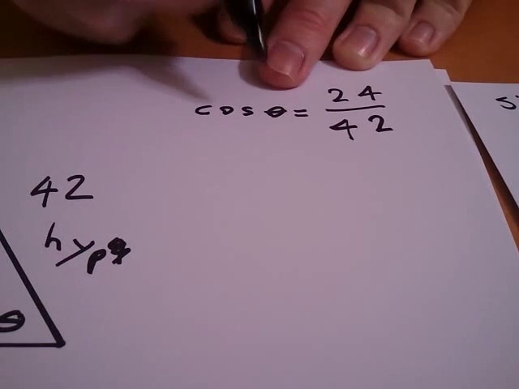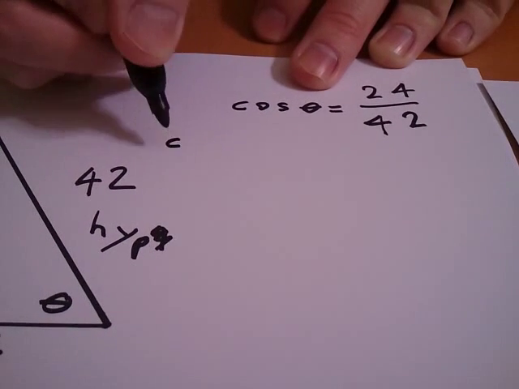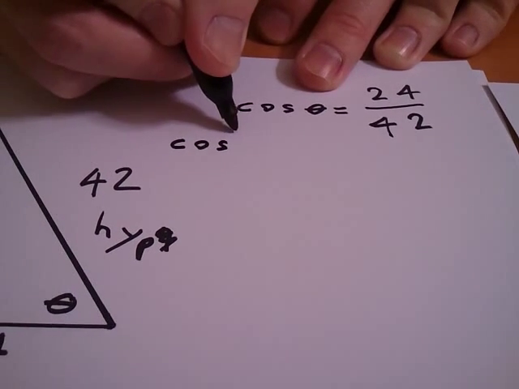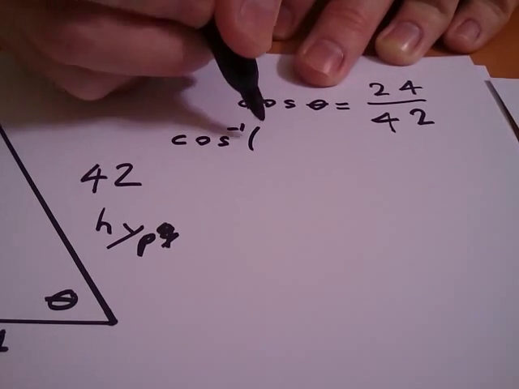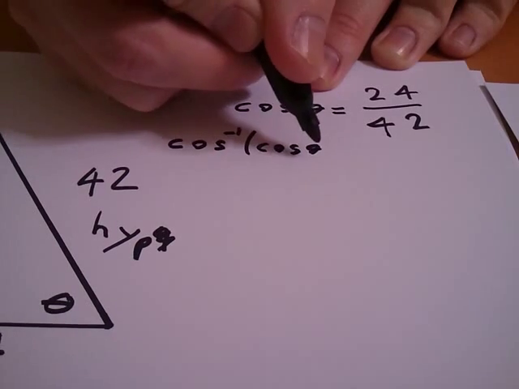Now, we want to get theta by itself. So what we're going to need to do is take the inverse cosine of both sides. I'm just writing this all out here just so you can see it.